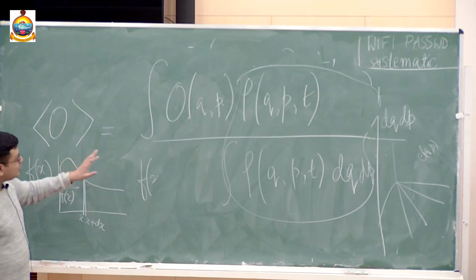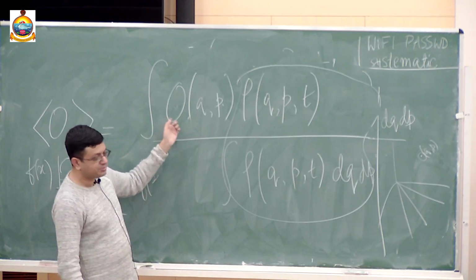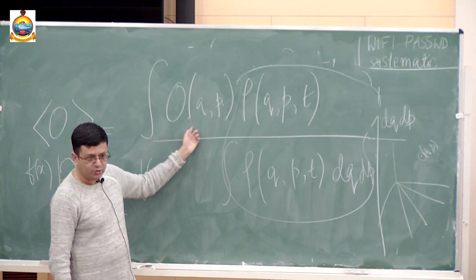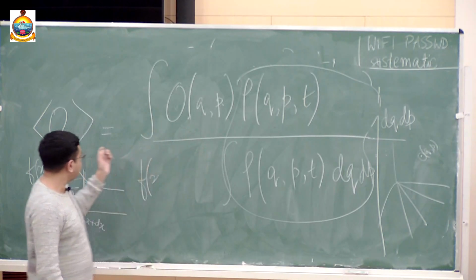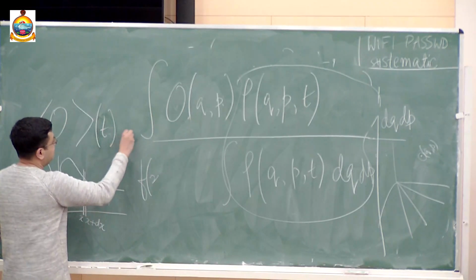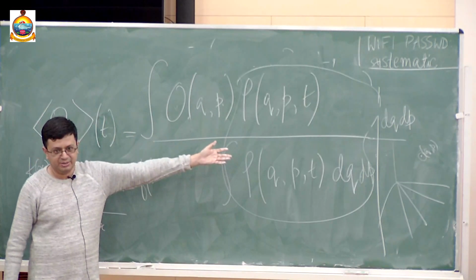Okay, so now this gives me the average value of this observable O at a given time. That's what I have written here. Of course, this will have a dependence on time. Why? Because rho itself depends on time.